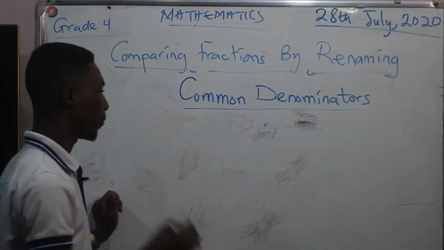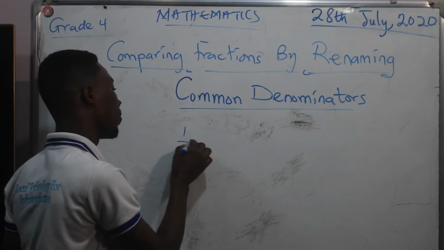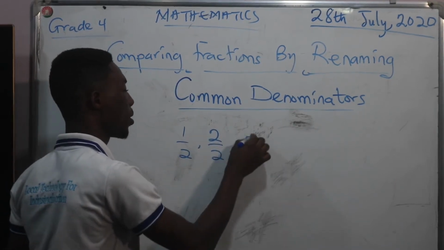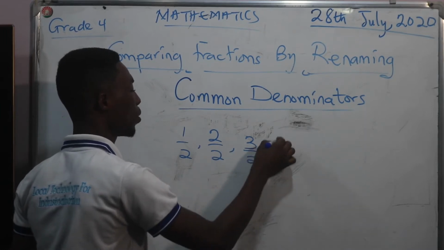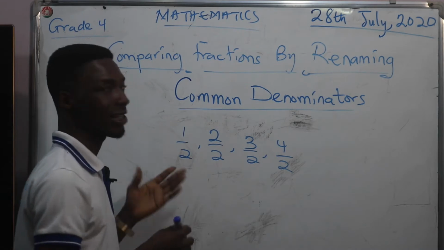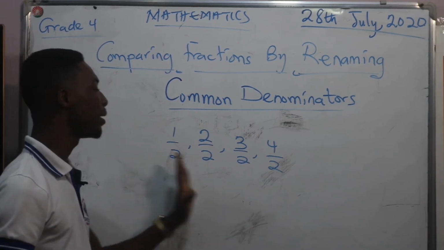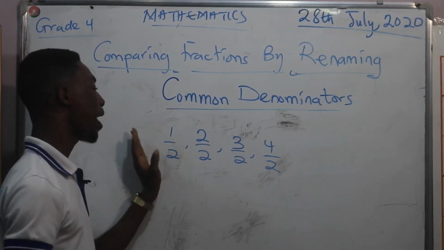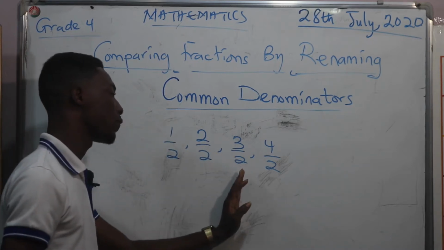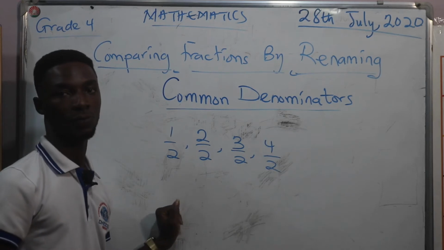For example, we have four fractions here, all having the same denominator. 1 out of 2, 2 out of 2, 3 out of 2, 4 out of 2.